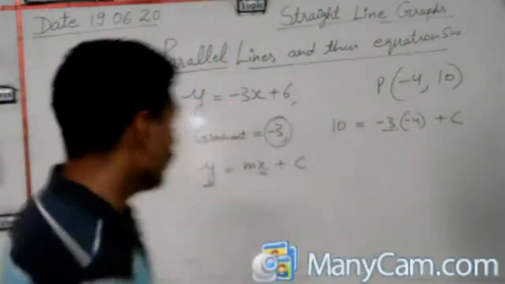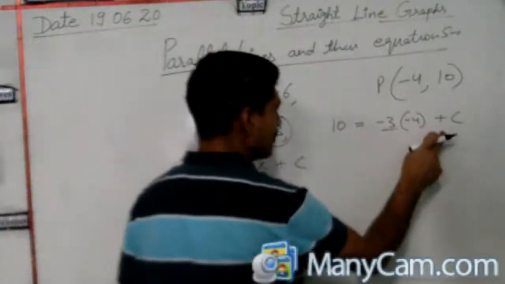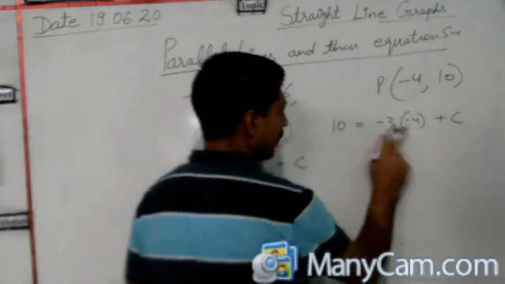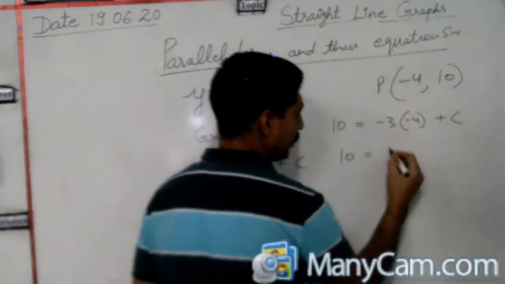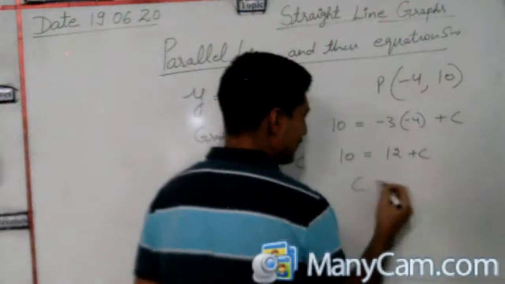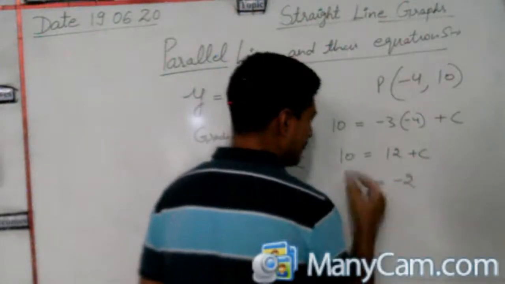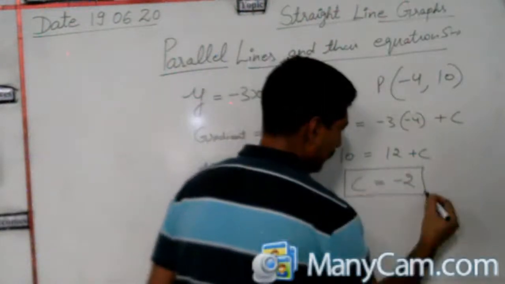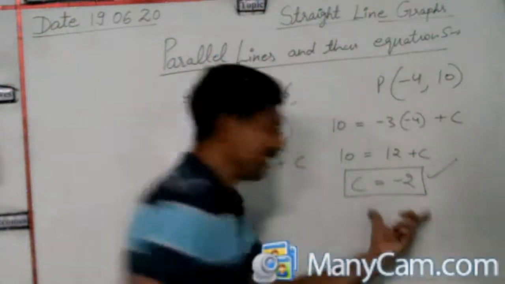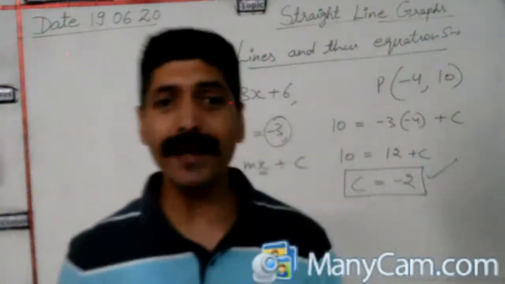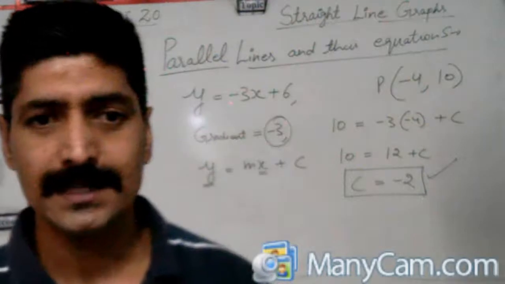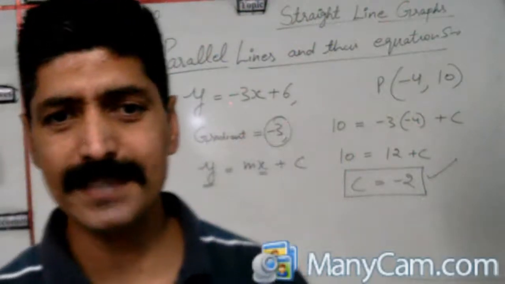So we got the value of c: 10 = 12 + c, and c = 10 - 12, that is -2. So c is the y-intercept.